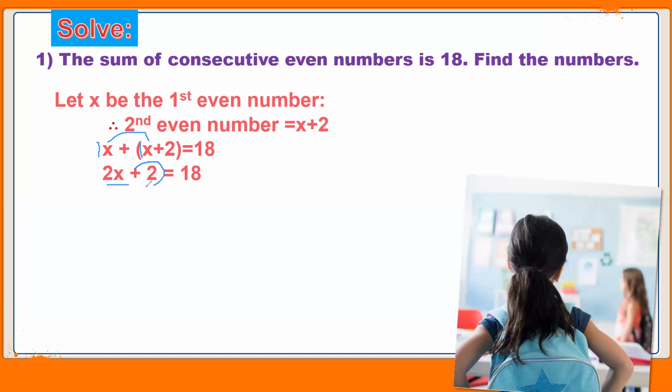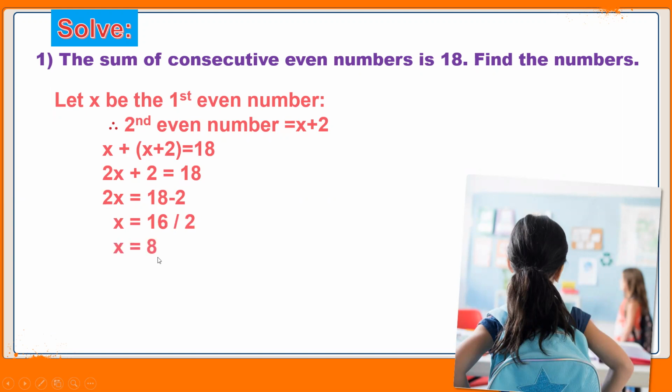Now this 2, added with 2x, in the next step is going to be subtracted from 18. So we get 18 minus 2, 16. And 2 is multiplying with x, so it is going to divide 16 when it moves to the right hand side. So we get 2 ones are 2, 2 eights are 16.